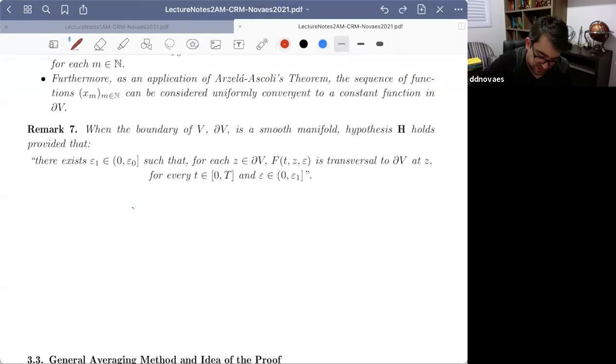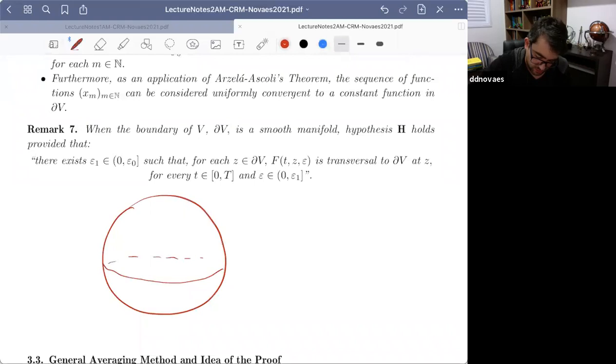Let's consider, for instance, that V is a ball, and the boundary of V is this S2. Here I'm supposing that this vector is transversal to this boundary for every t and epsilon and in each z.